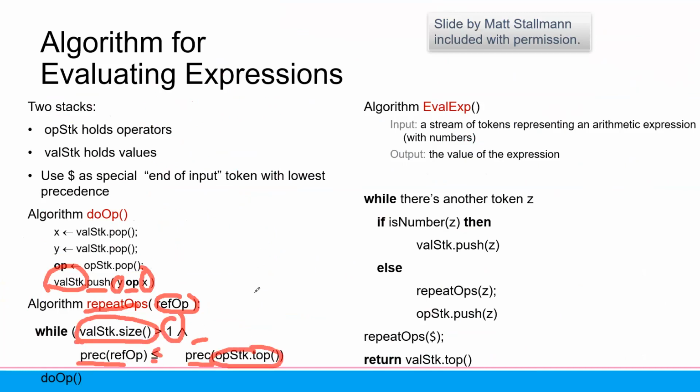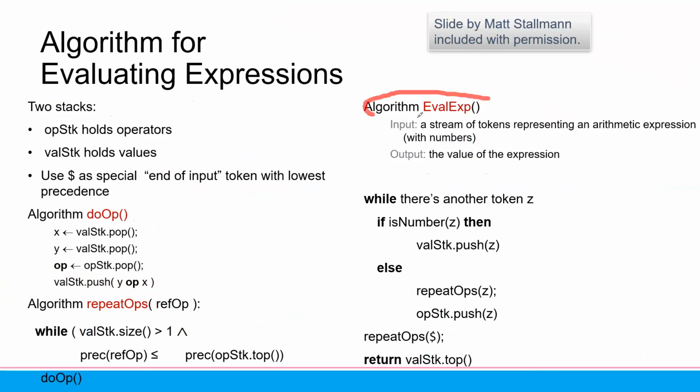So this is to check whether the plus is higher than the multiply or multiply is higher than the plus. So yeah, we are going to use this algorithm to do op and repeat ops.